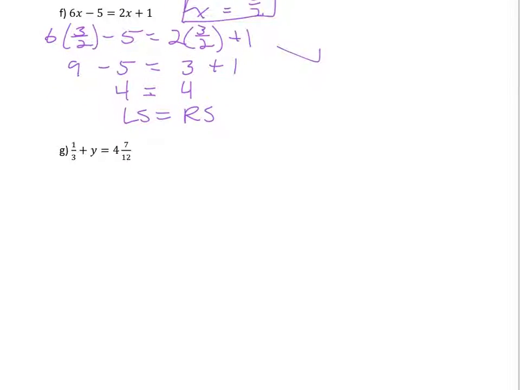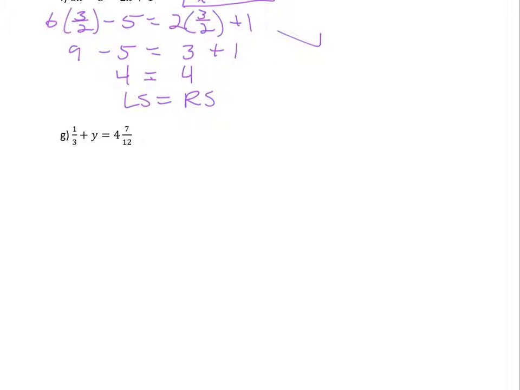And then for G, we had y equals 4 1/4 as our solution. So we'll substitute that into the original equation and see if we get the same solution. So I've got 1/3 plus 4 1/4 equals 4 7/12.